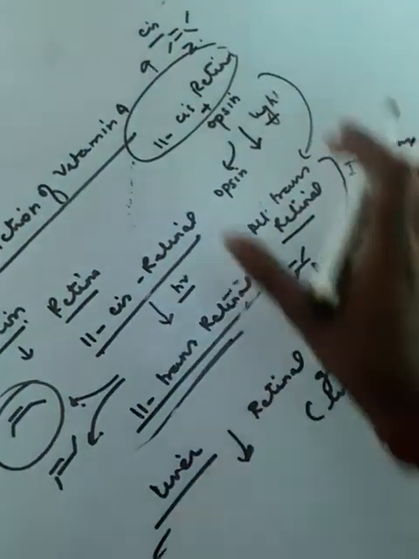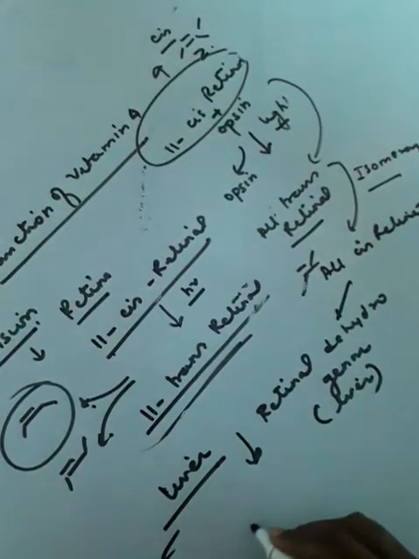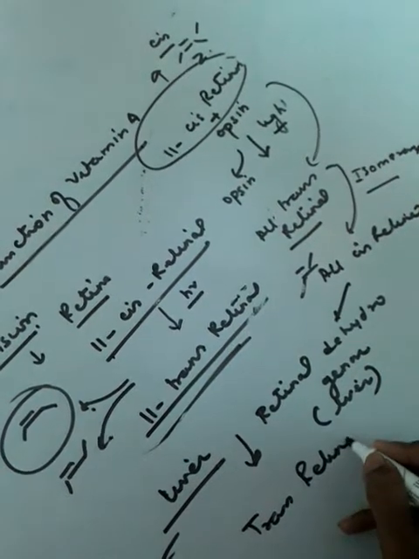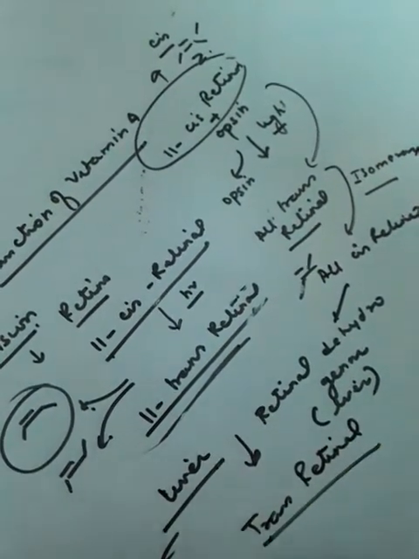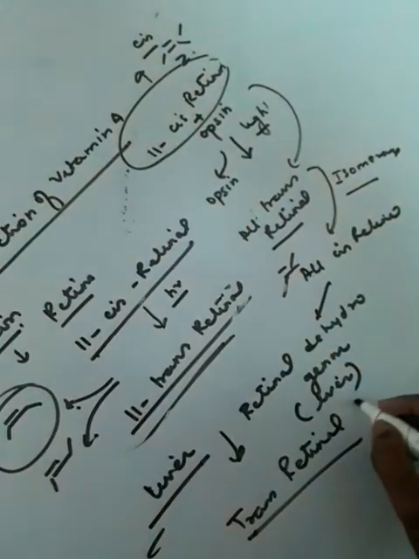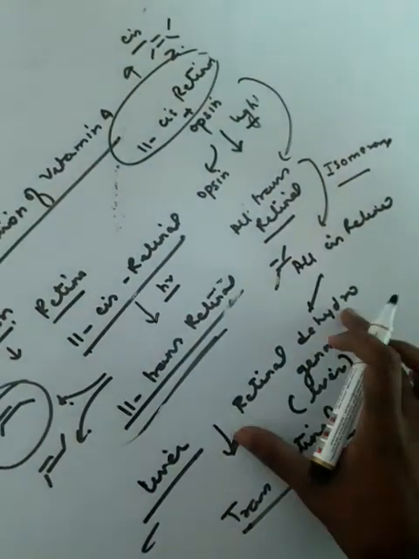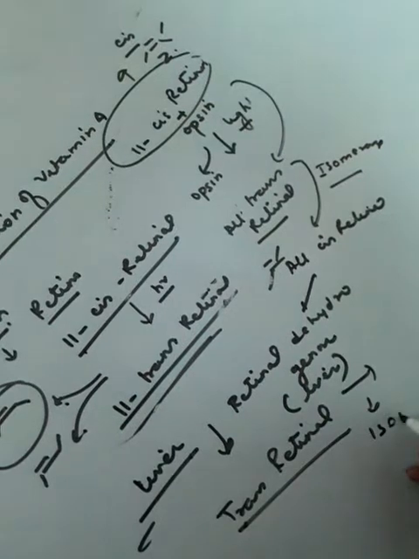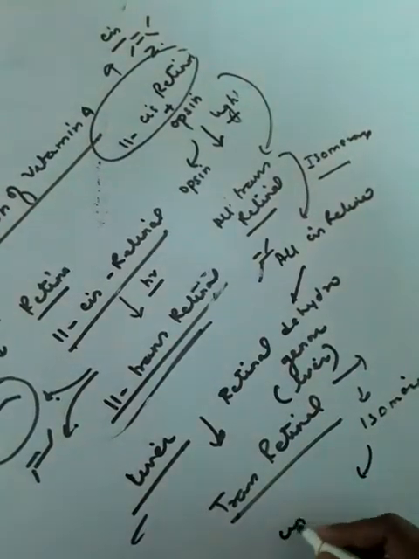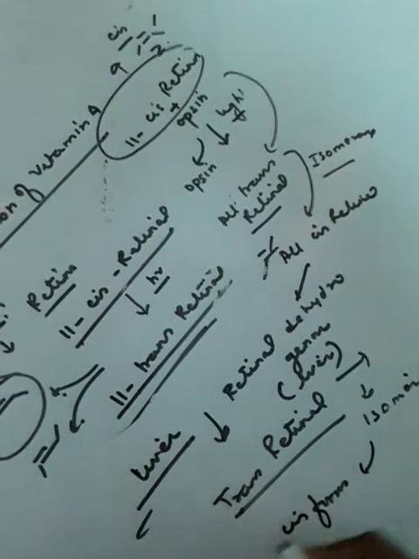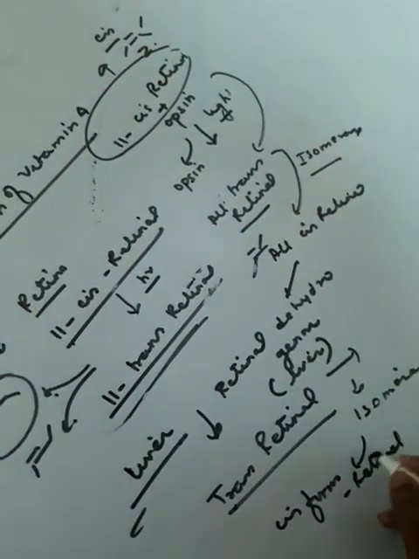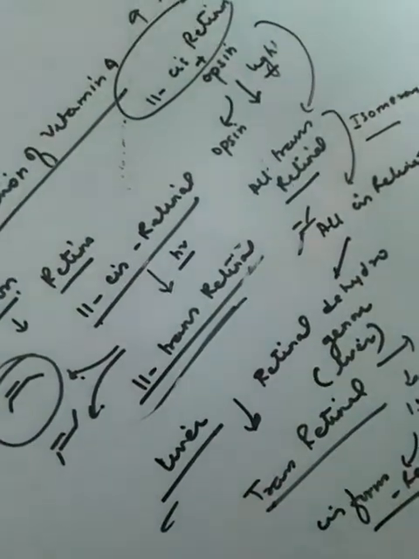This enzyme converted the 11-cis retinol to all-trans retinol. And in the absence of this enzyme, isomerase works here, and it again converts to its cis form, the cis form of retinol.